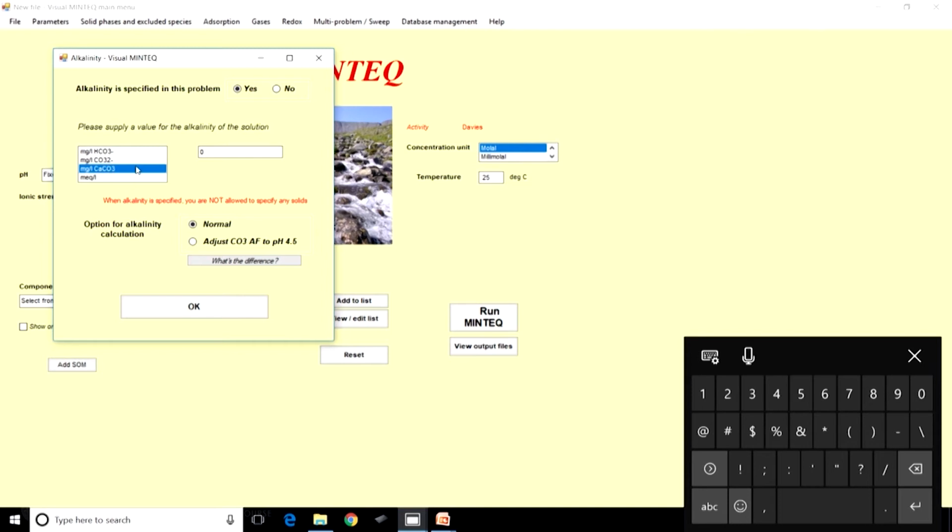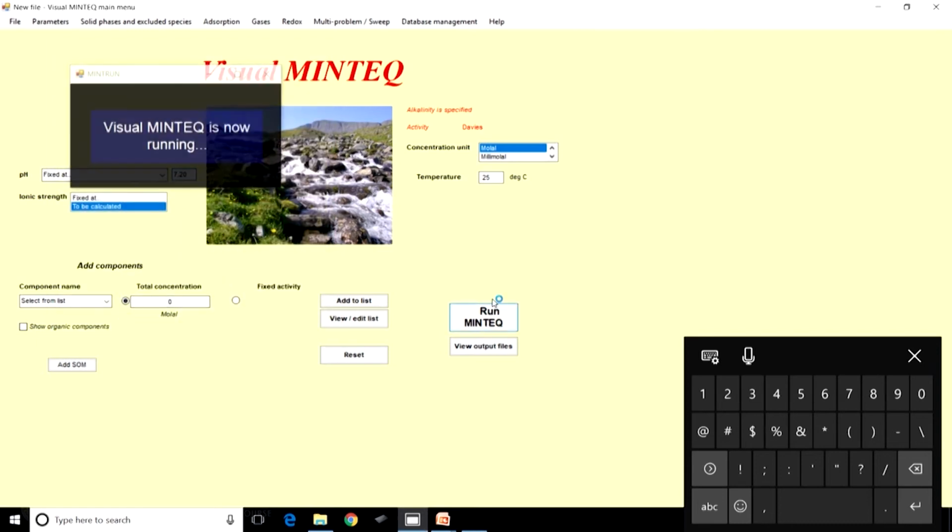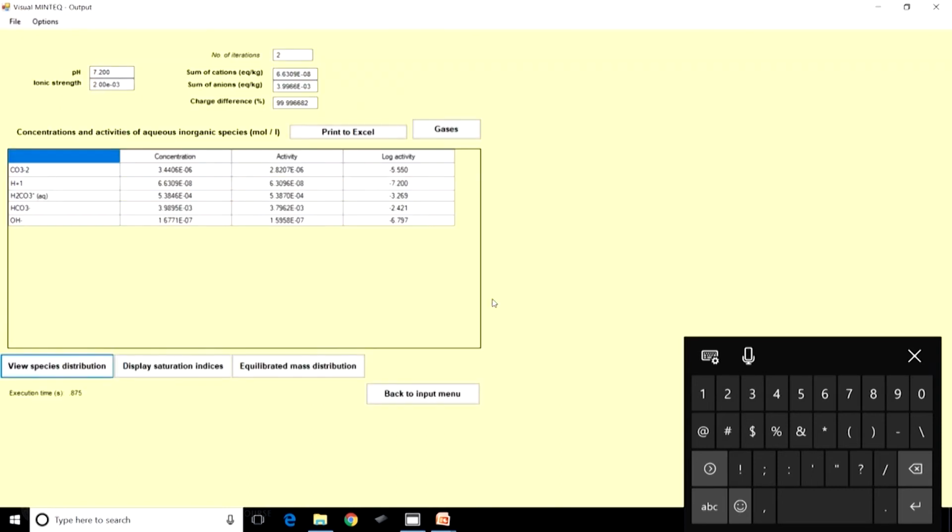I don't need to change the units because I have the relevant units mentioned here, and I believe it was 200 milligram per liter. So I am going to say okay. So alkalinity is specified in this problem, and going on to okay, I am going to say run Visual MINTEQ, and I have the relevant species, concentration of the different species here.